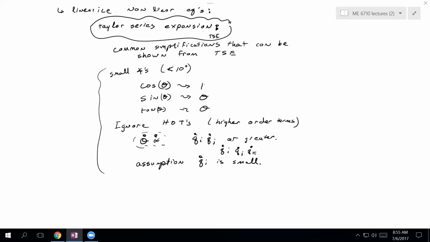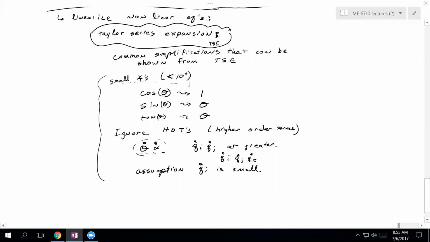If you do have large motions, then these linearizations typically don't work. The Taylor series expansion, by the way, typically expands around a point in the workspace, and that's one of the advantages to it. You can assume small motions around a non-small angle, so you can have perturbations from some non-small angle, and that's really quite useful.